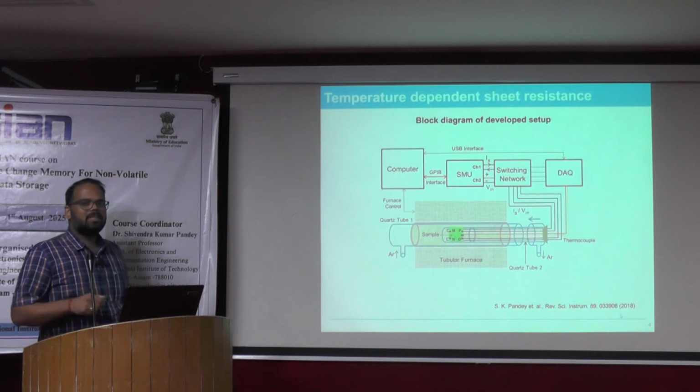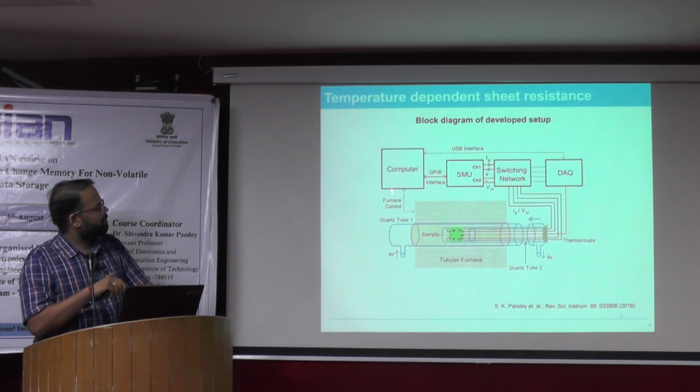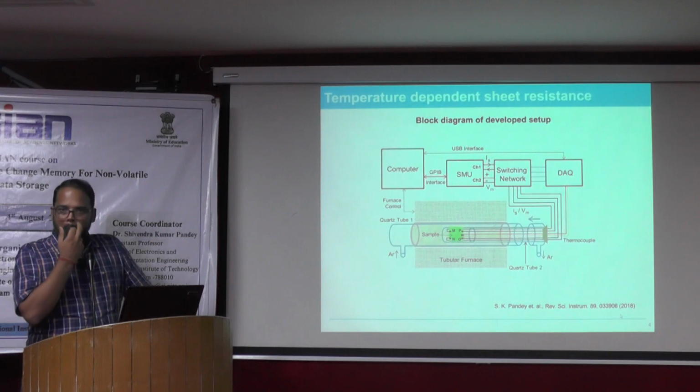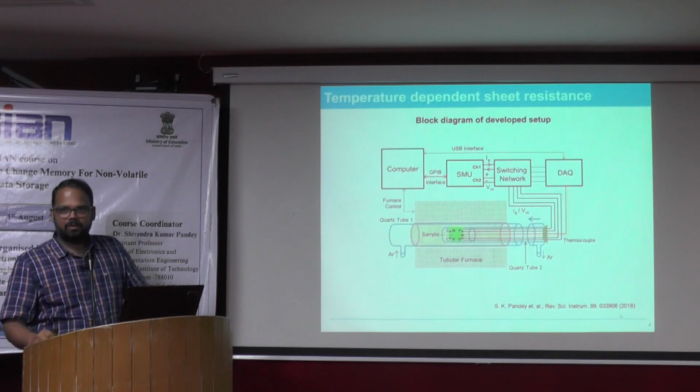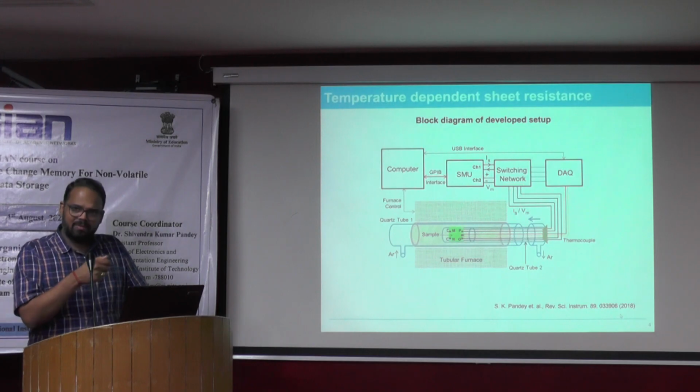What instrument is used here? This overall setup is connected with an SMU, source measure unit. This source measure unit is going to provide you the resistance value of your thin film. How it will do that, we will see.